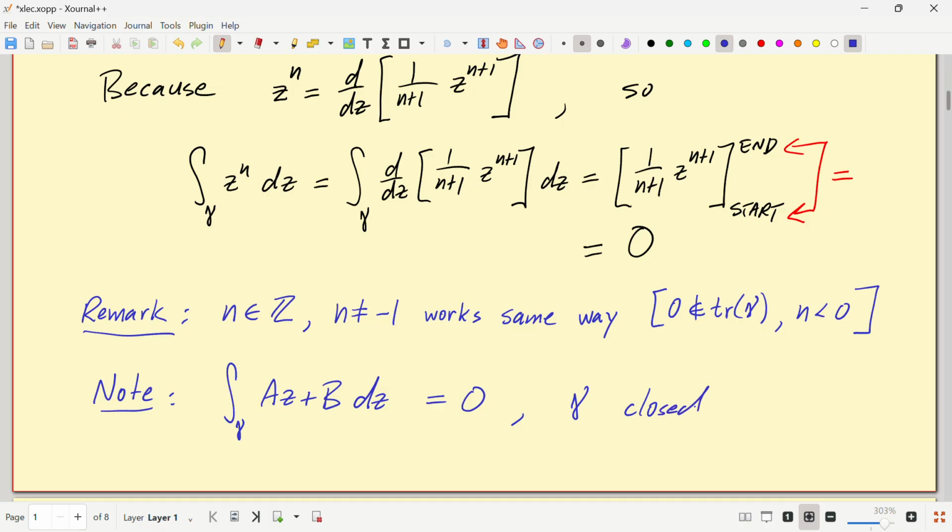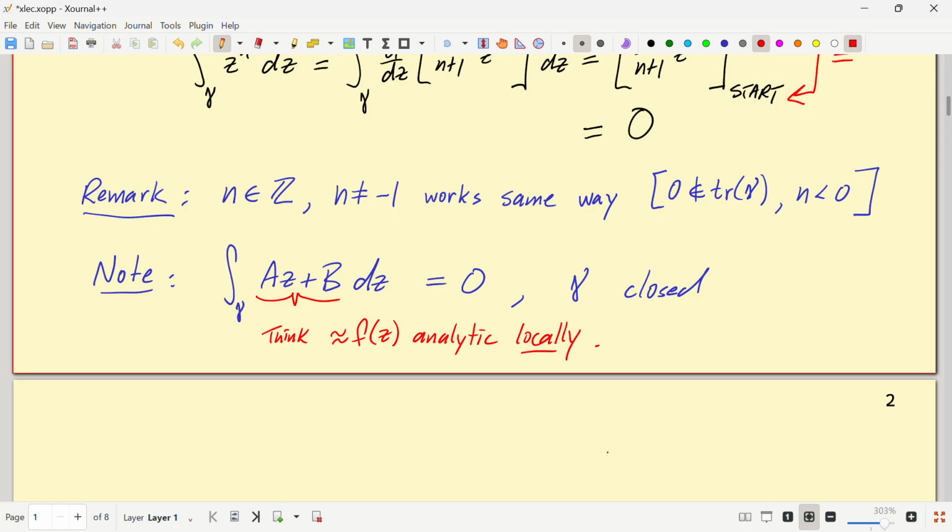And I'm thinking about this as being approximately equal to an f of z, so think of that as approximately equal to f of z analytic locally. And that's Goursat's brilliant idea, to use that fact in a clever way to get something fascinating. So let me state what Goursat's lemma is before I get rolling here.